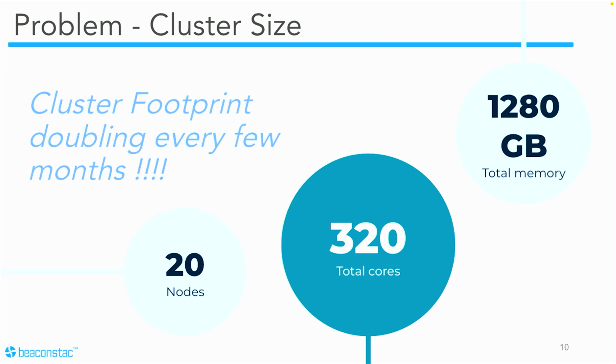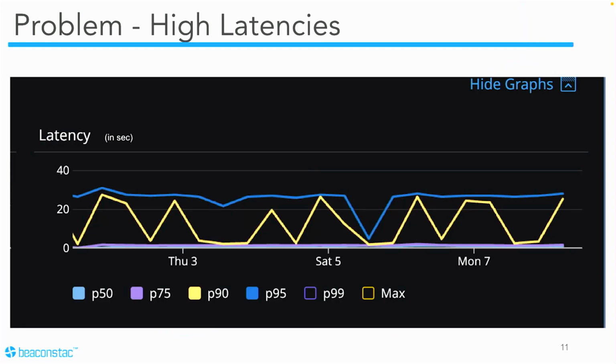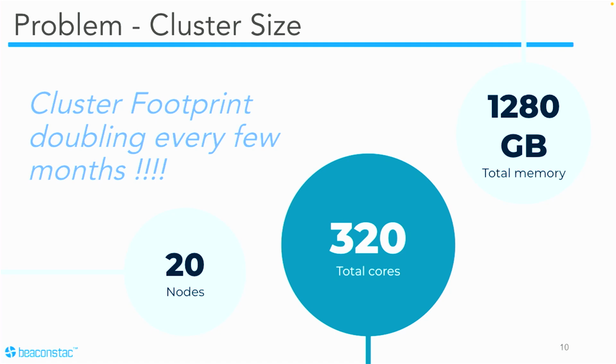The last cluster, before we migrated to Pino, was 20 nodes, a very vertically scaled system with 320 cores overall and almost a terabyte of memory. And still, with that cluster size, we were seeing huge latency on queries.